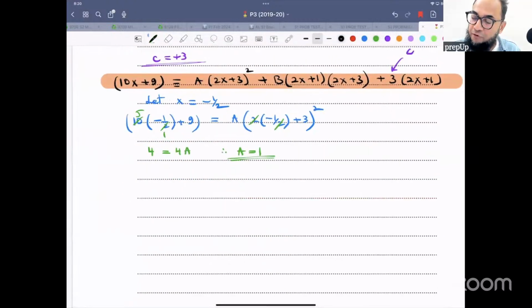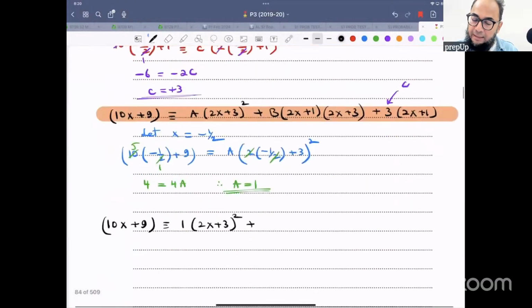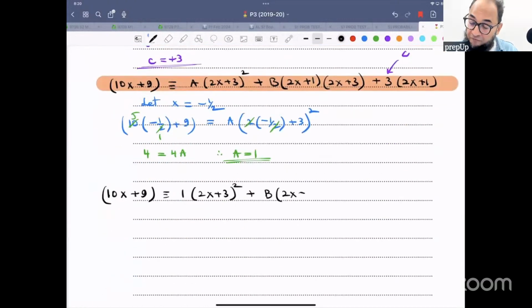Let me rewrite it again. 10x plus 9 is equal to a, which is 1, times 2x plus 3 whole square. B, that is what we are looking for, that's unknown, 2x plus 1, 2x plus 3. And this is c, which is 3 times 2x plus 1.